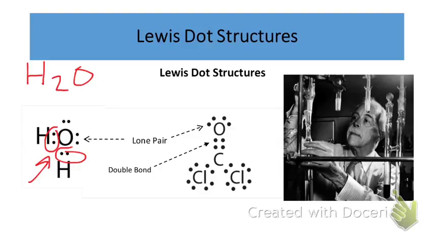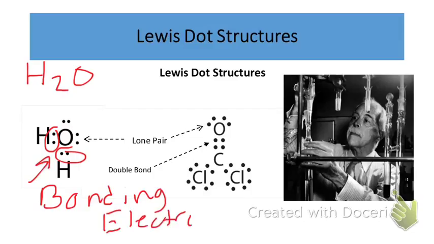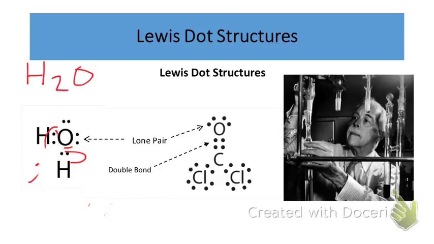Now these covalent bonds are also sometimes referred to as bonding electrons. Okay, bonding electrons or covalent bonds. Now we have some other dots here that are not part of covalent bonds, like these ones here. And those are known as lone pairs of electrons.